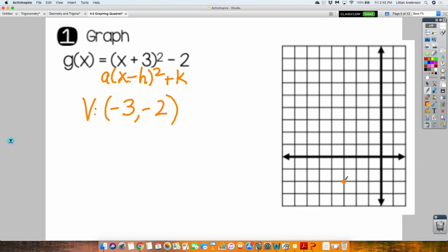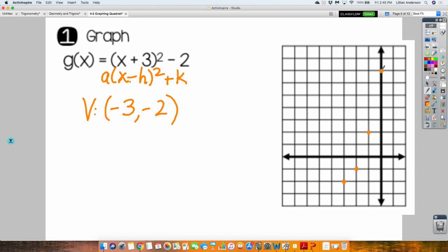Some people may like the table, and I want to accommodate both. So what is the pattern? I go up 1 over 1. And then I go up 3 over 1. What's the next one? Up 5 over 1.